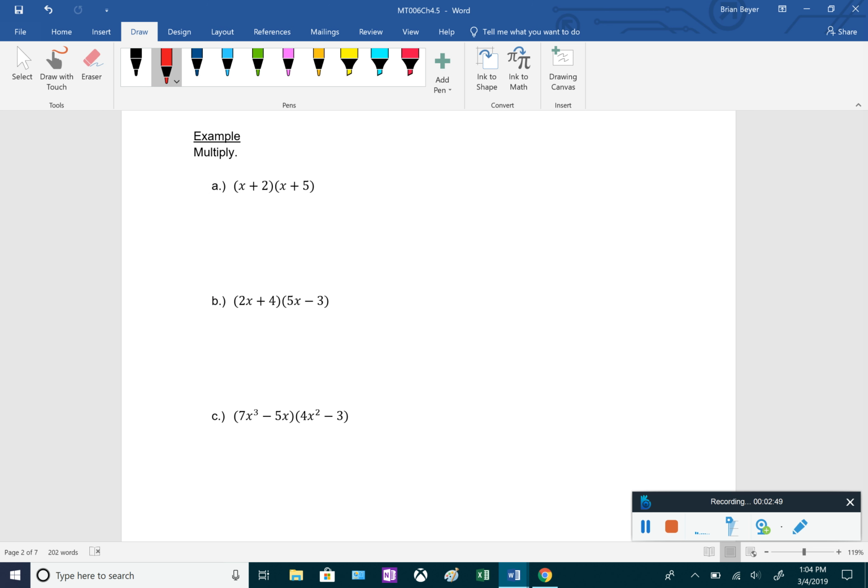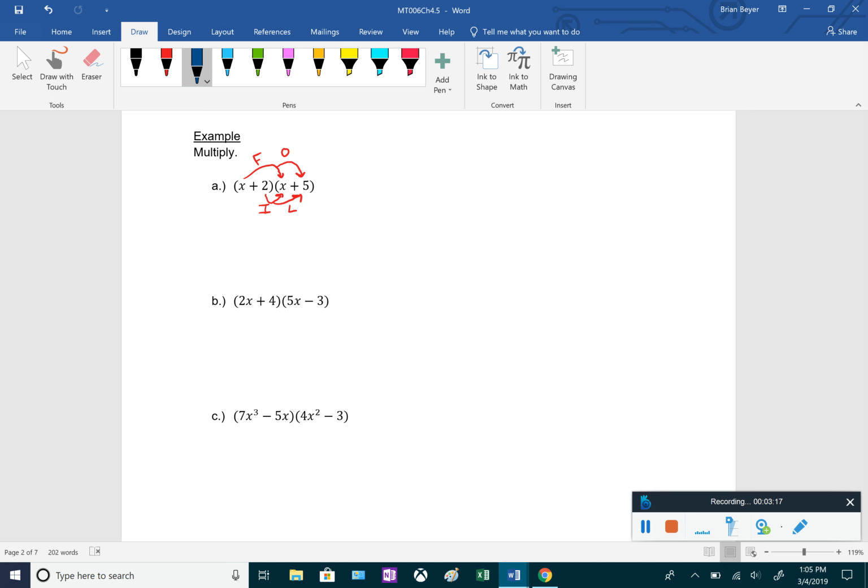So for example, let's multiply x plus 2 times x plus 5, so two binomials here. So we have to multiply the x into both terms, and then we have to multiply the 2 into both terms. So x times x, that's the first term, so that's the F. x times 5, those are the outer terms, so that is the O. 2 times x, those are the inner terms, and then 2 times 5, those are the last terms.